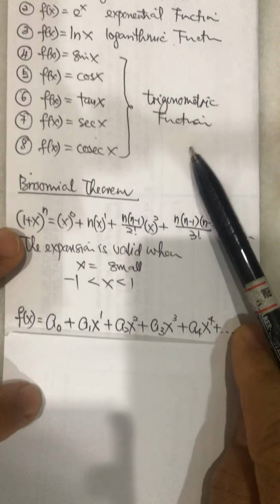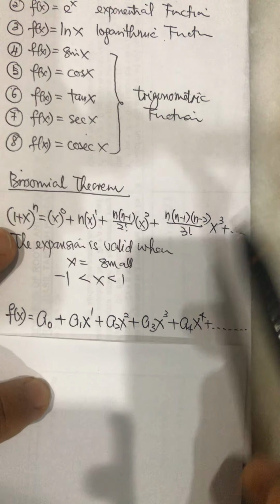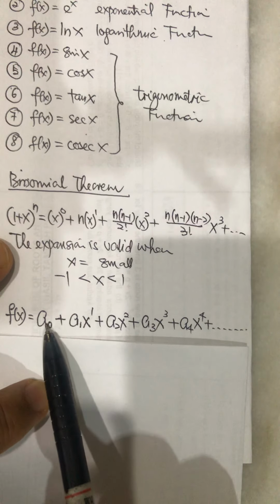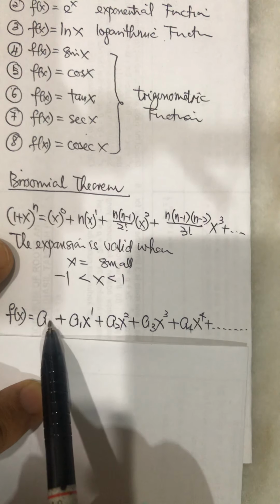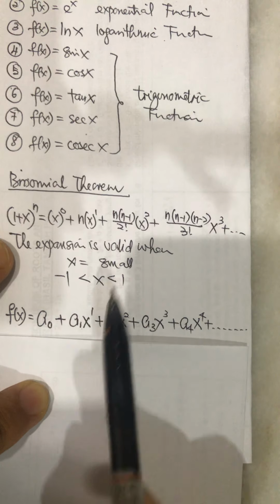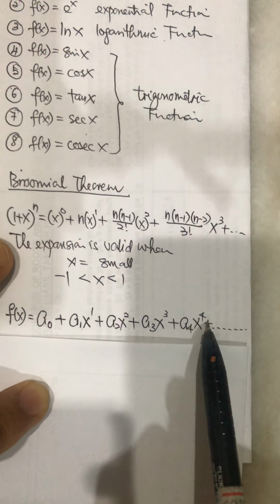For the Maclaurin theorem, all the functions here can be expanded like this: A0, which is a constant, and then A1 x, like the binomial's n x, then A2 x squared, A3 x cubed, and A4 x to the fourth.